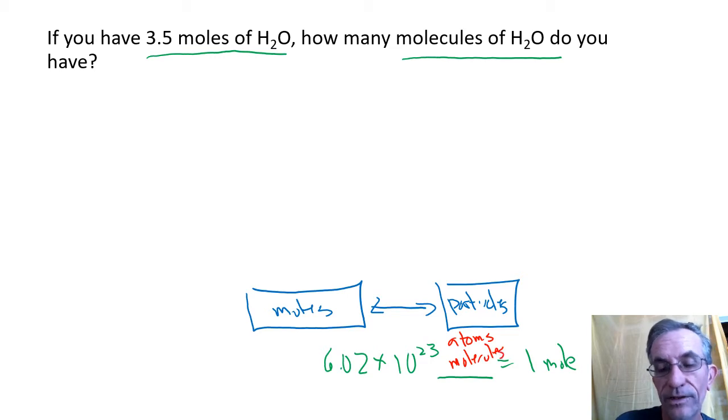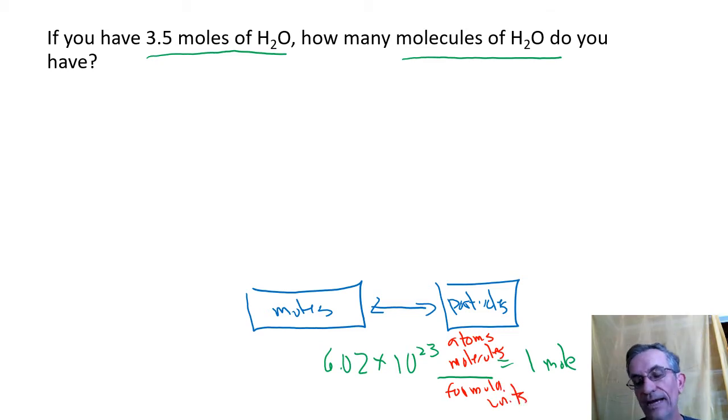Or it could be 6.02 times 10 to the 23 formula units. So in that blank next to 6.02 times 10 to the 23, you're going to write one of those words. Which word? It depends on what kind of thing we're dealing with. Elements, you're going to say atoms. They're made up of atoms. Molecular compound, molecules, formula units if it's ionic.